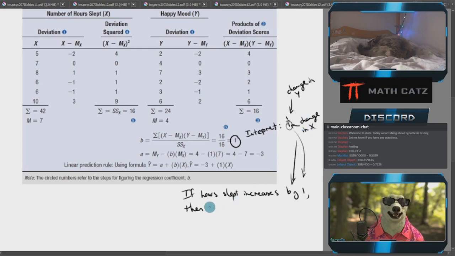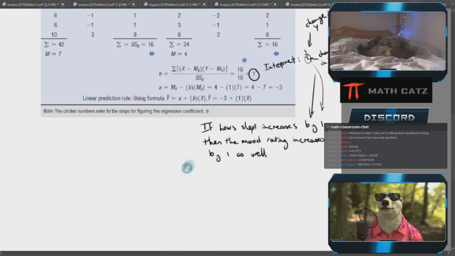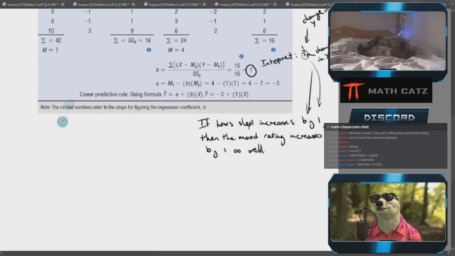We'll mix it up in a second. Then the mood rating increases by 1 as well. Of course, that could be different. Let's look at some examples here. Let's suppose we didn't get a b equal to 1. Let's suppose we got a b equal to 2.